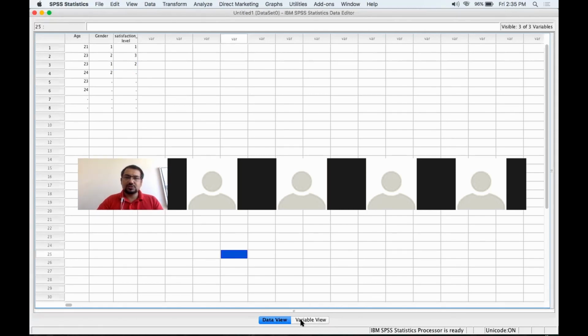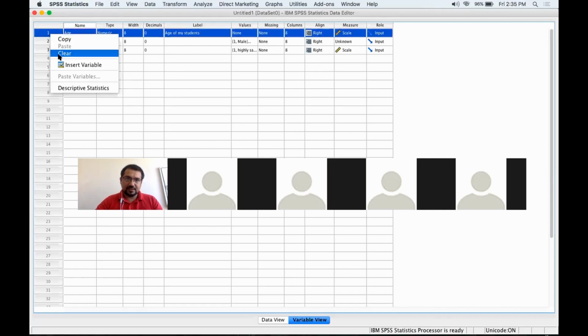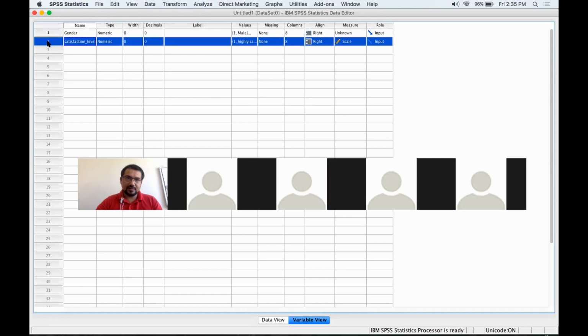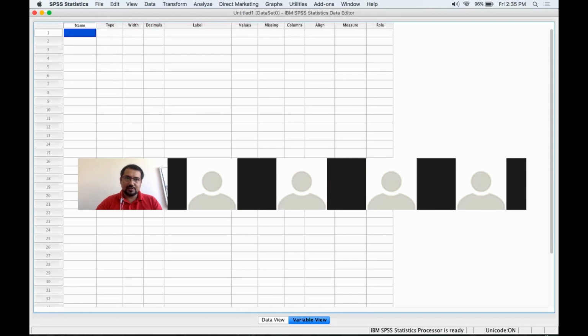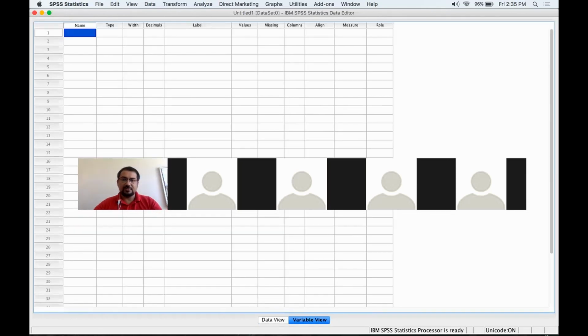Let's do some analysis. Let's create some small data, and let me just clear. When you clear this data here, it will be cleared automatically in data view, because whatever variables you create will be shown in data view.